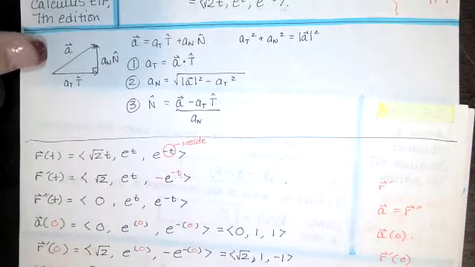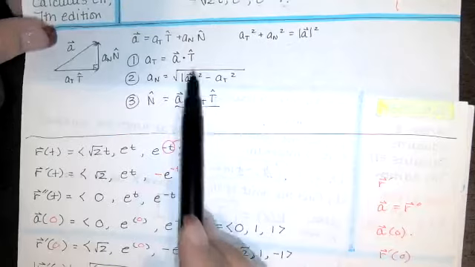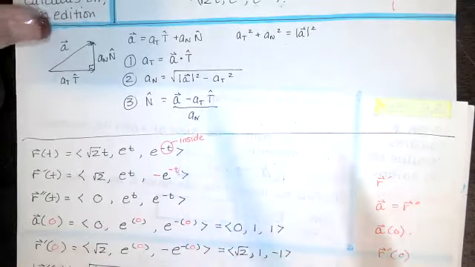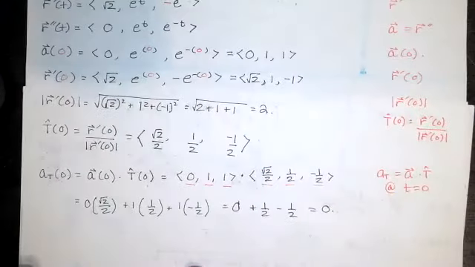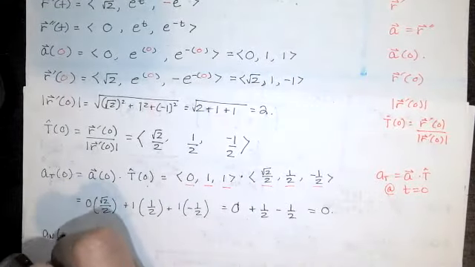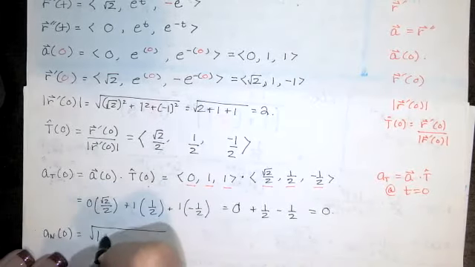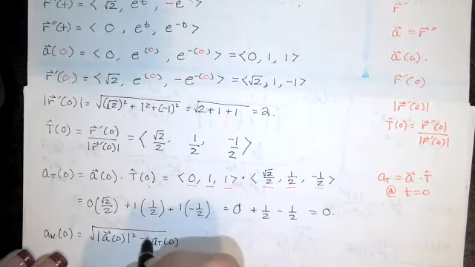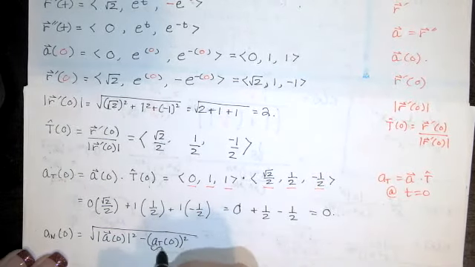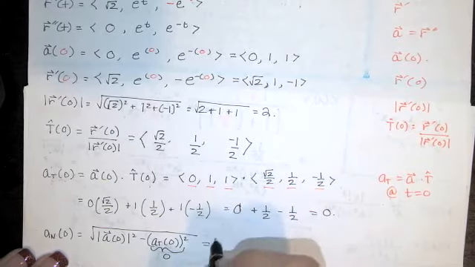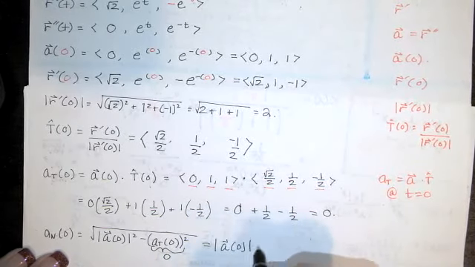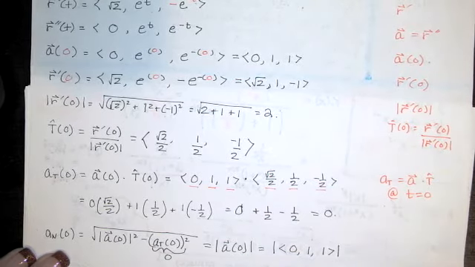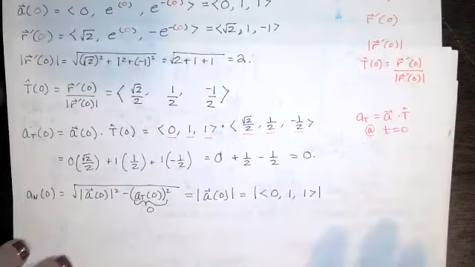magnitude of our vector a. It's the square root of the magnitude of a squared minus a sub t squared. Since this is 0, we're just going to get the magnitude of a. Now our vector a at time t equals 0 had components 0, 1, and 1.